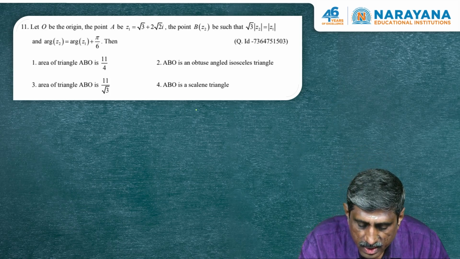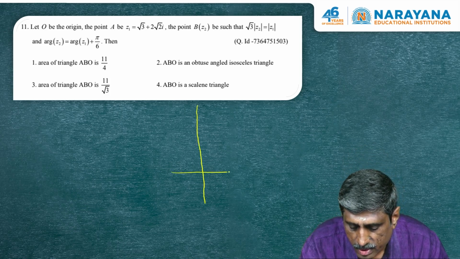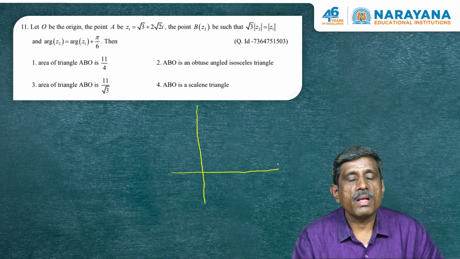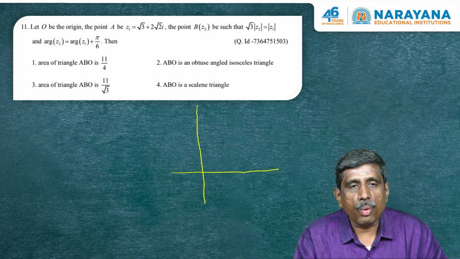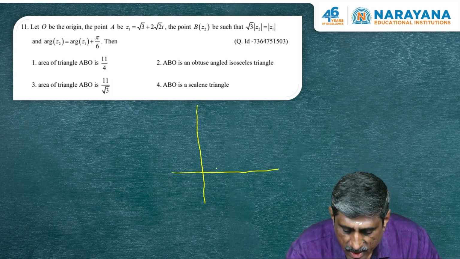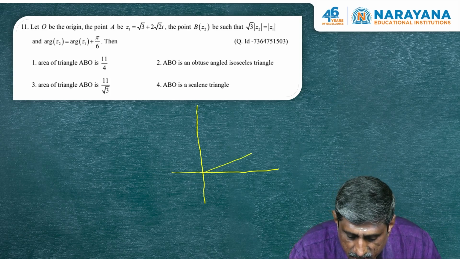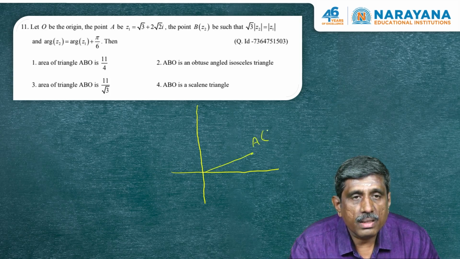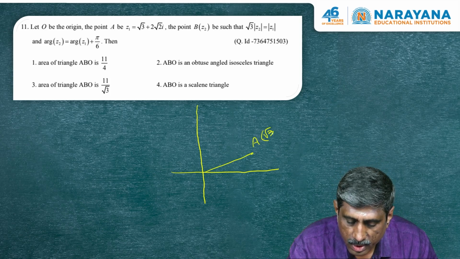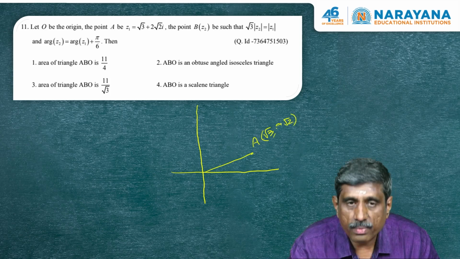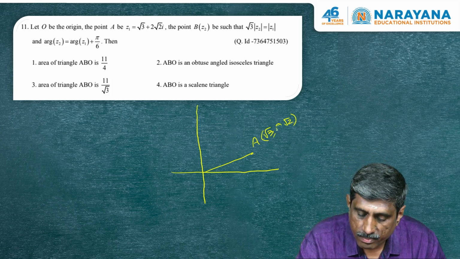So, let us convert the problem of complex numbers into geometry. Z1 is the point (root 3, 2 root 2i). Let us say this is the point A, which is a given point.